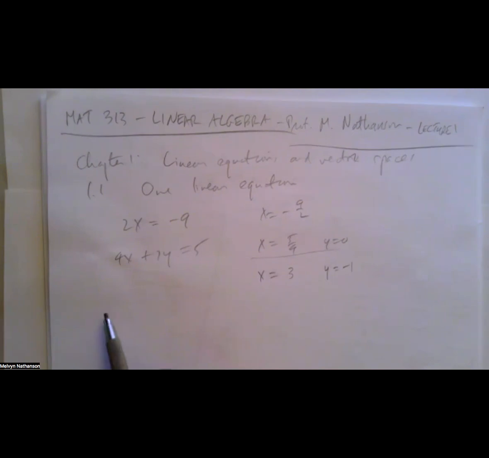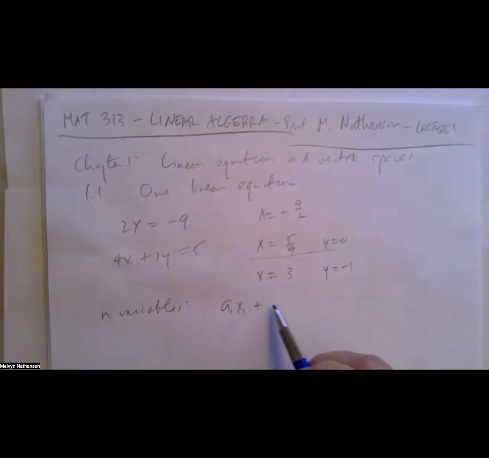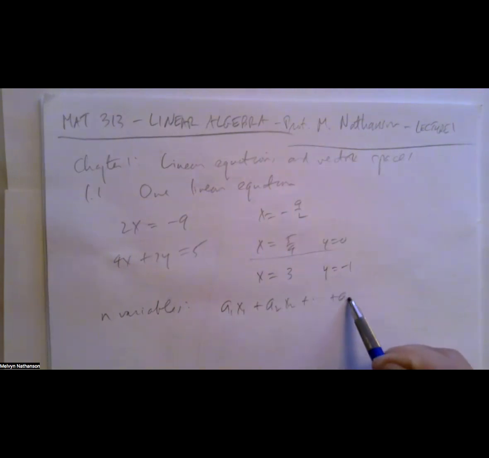In general, an equation in n variables looks like this. The letters we choose for the variables are up to you. a1 x1, this is a typical way, a1 x1 plus a2 x2, up to an xn equals b.